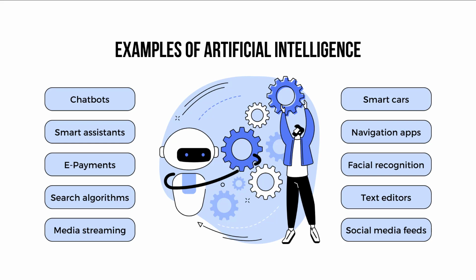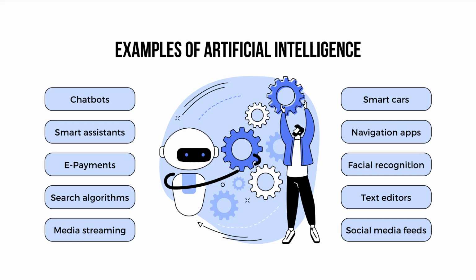Like if you open any website with a chatbot, or the smart assistants on my mobile phone like Google Assistant or Siri, or when you pay with your digital wallet, or using search engines like Google or Bing or Safari, and media streaming, especially on YouTube or SoundCloud or Spotify, when they find that you like a certain singer, you will find all the news feed about this singer, or telling you have become a top fan of this singer.